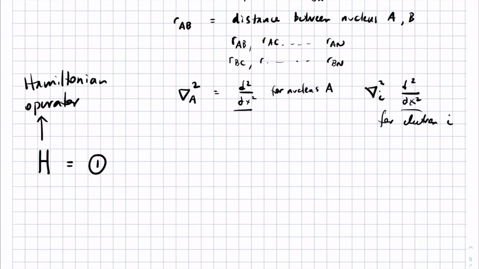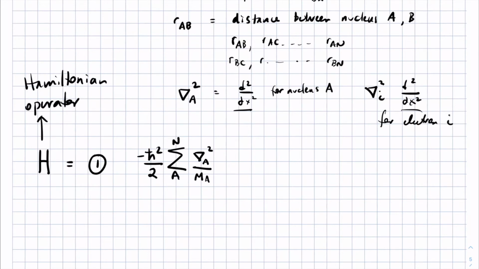So there's going to be a few terms in this Hamiltonian operator. The first is going to be this, minus h bar squared divided by 2. And then we're going to have here the second derivative for nucleus A with respect to position divided by the mass of nucleus A. And we're going to have n different kinetic energy terms for the n different nuclei.